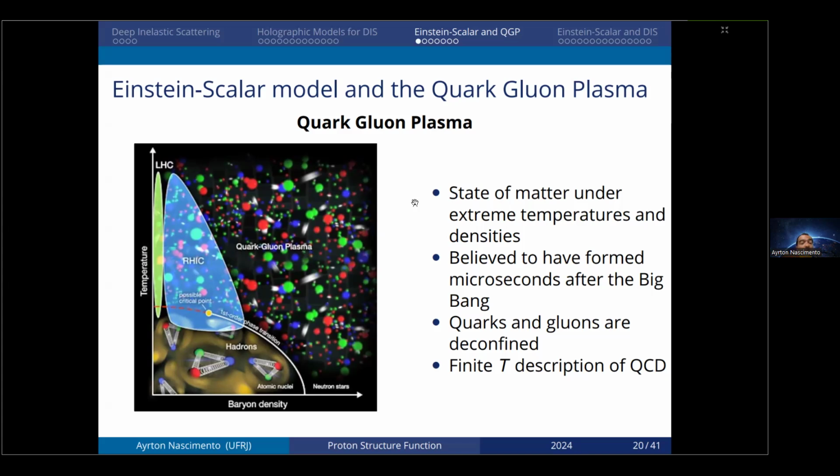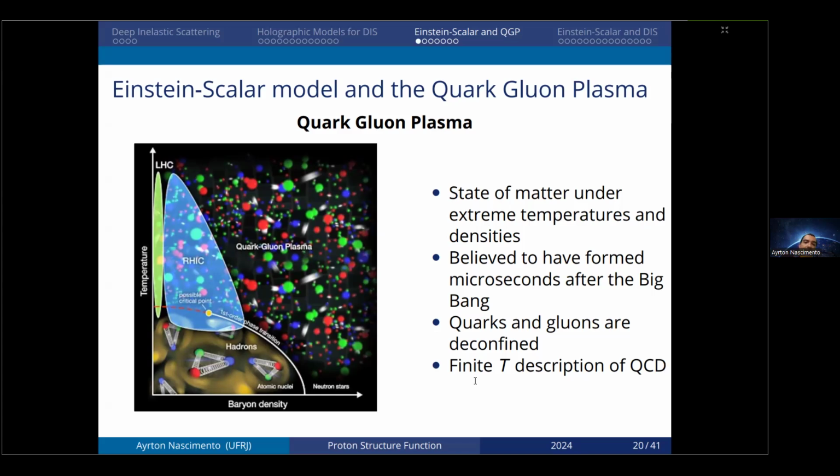And specifically for the quark gluon plasma, we know it is a state of matter under extreme temperatures and densities, right? So you have this general information about the quark gluon plasma. But as the QGP is a state of matter under extreme temperatures and densities, it is a perfect scenario for the finite temperature description of QCD.